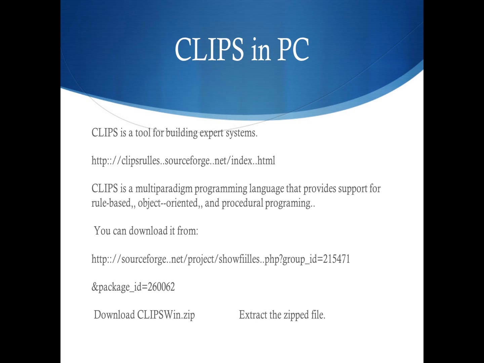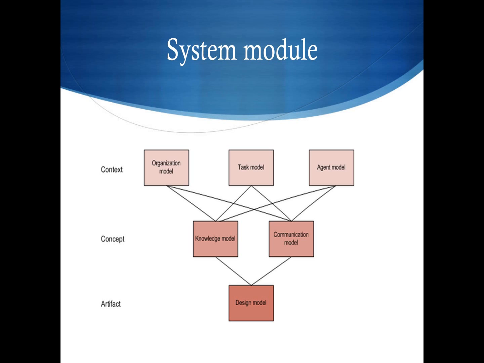and you can download it from the link below. So this is a system module for the context of this Clips. The way Clips works for machine learning is it gets multiple modules, like task module and organization module, and you will learn these concepts from the context.